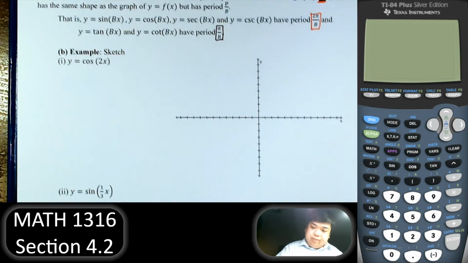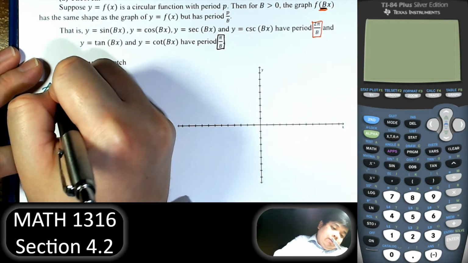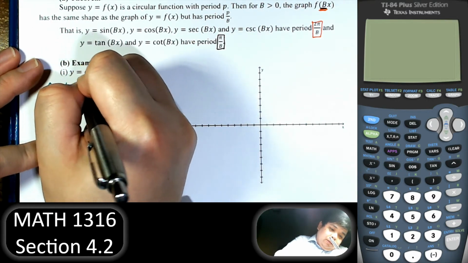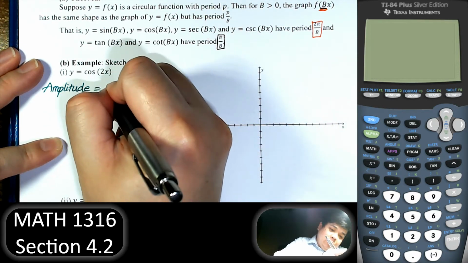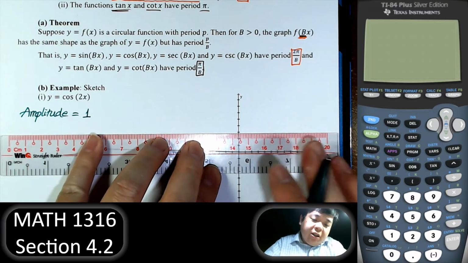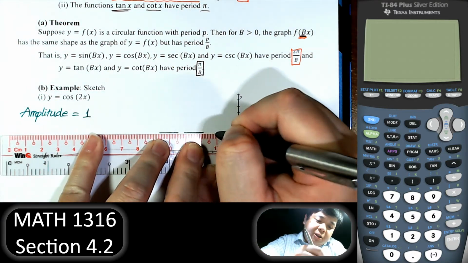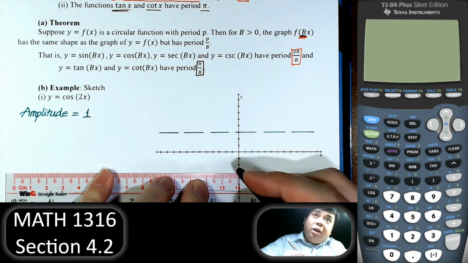So in this case, let's do the same thing. Amplitude, there's nothing in front of it, right? So the amplitude is equal to 1. So the graph is bounded by 1. One up, one down.